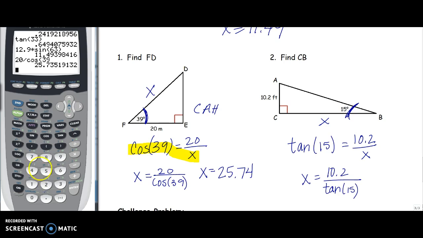So over here we would say 10.2 divided by tangent of 15. And to the nearest hundredth, x equals 38.07.